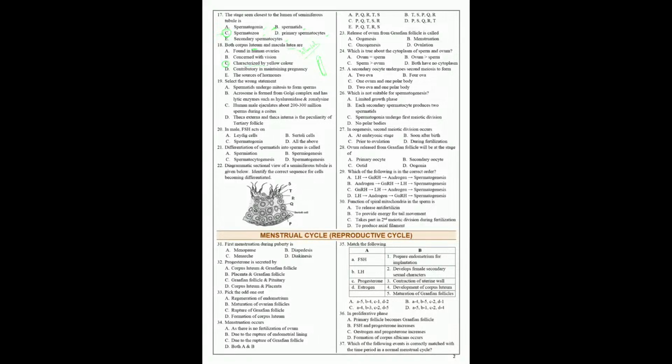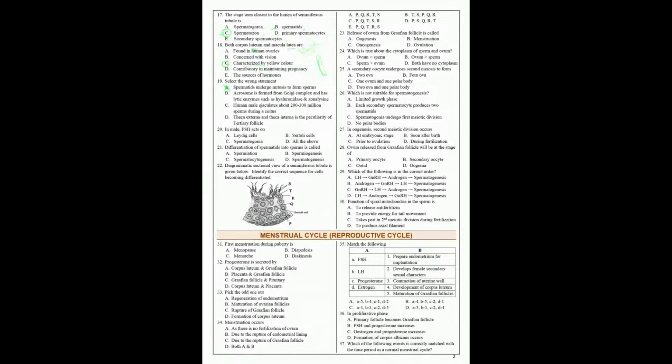Spermatids undergo mitosis to form sperms. Acrosome is formed from Golgi complex and has lytic enzymes such as hyaluronidase, zona lysin, correct. Spermatids undergo mitosis to form sperm. It does not undergo mitosis, it undergoes modification. So this is incorrect. But we'll see if there is any other statement which is more incorrect.